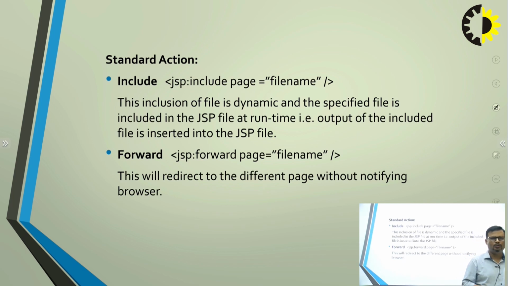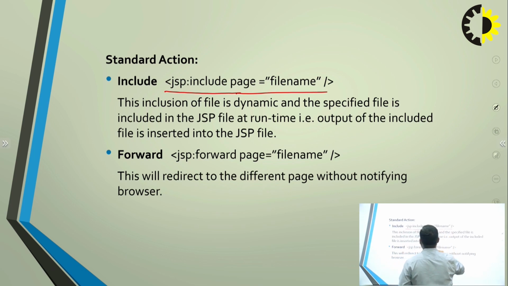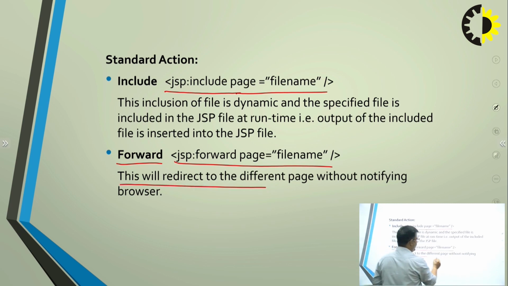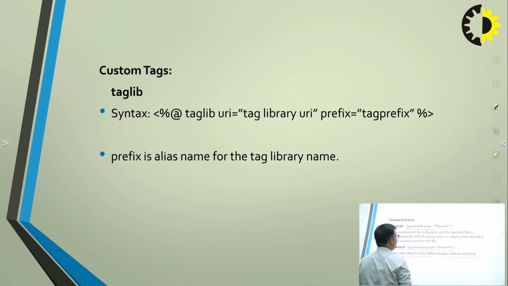This is the syntax: <jsp:include page="file name" /> and then the close. Then the forward action: <jsp:forward page="file name" />. This will redirect to a different page without notifying the browser.